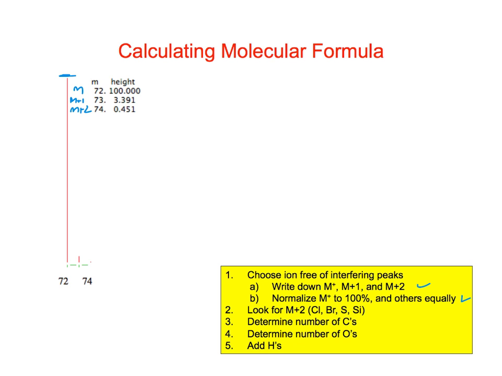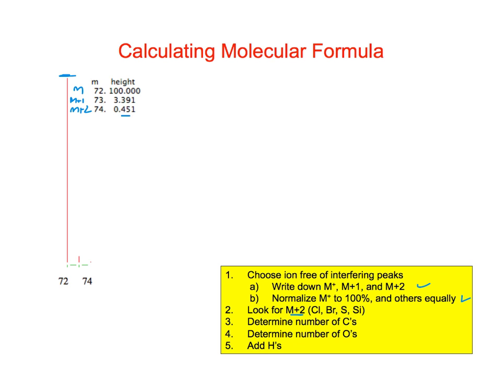All right, now we're going to look for M+2. Okay, so we look back at our table and we see that M+2 is 0.451. It's written down next to it.